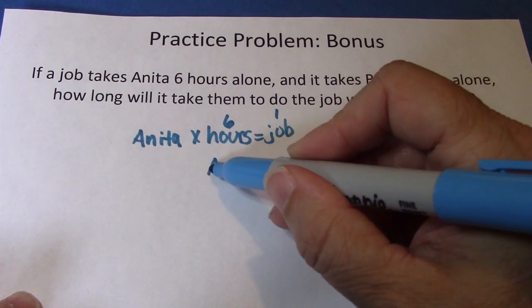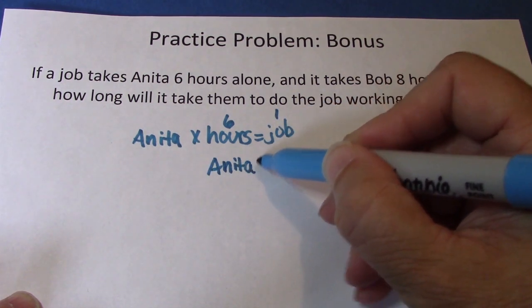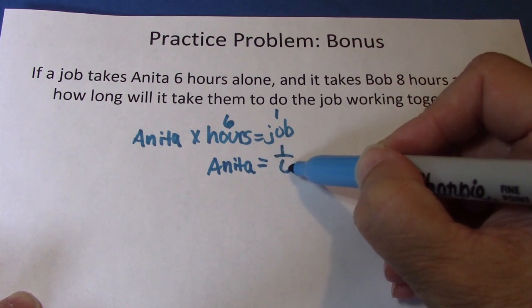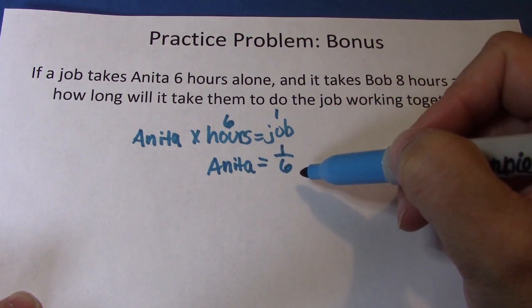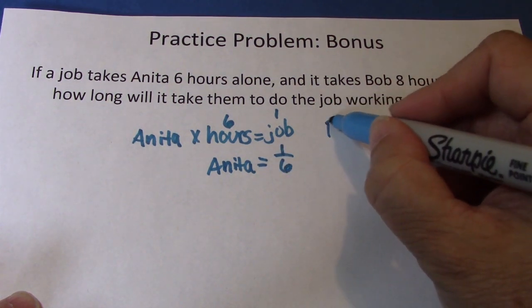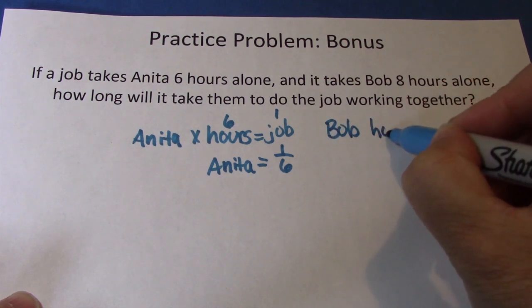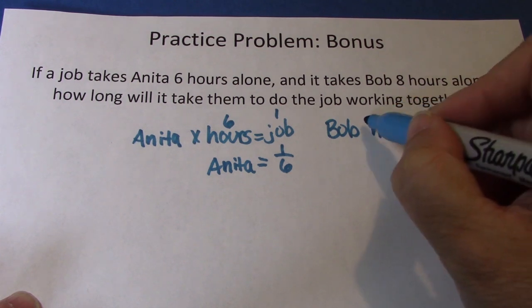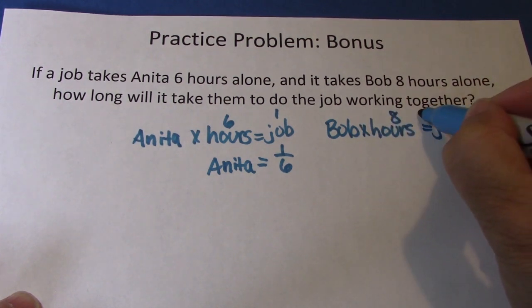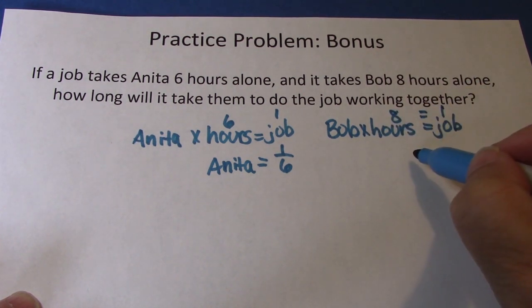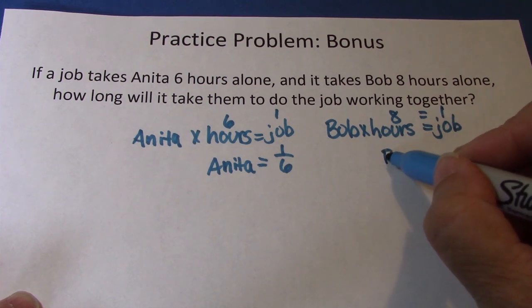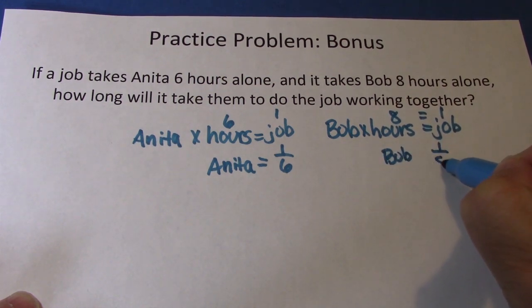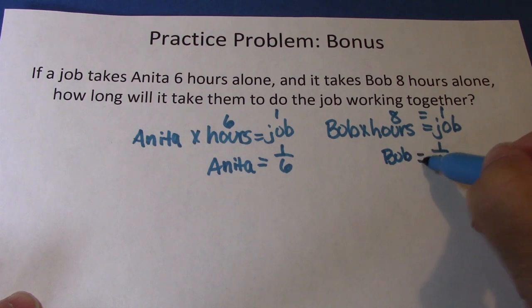That means that Anita, I'm going to divide both sides by 6. Anita can do 1/6 of the job in an hour. For Bob's hours, Bob takes 8 hours to do the same one job. So Bob can do 1/8 of the job in 1 hour.